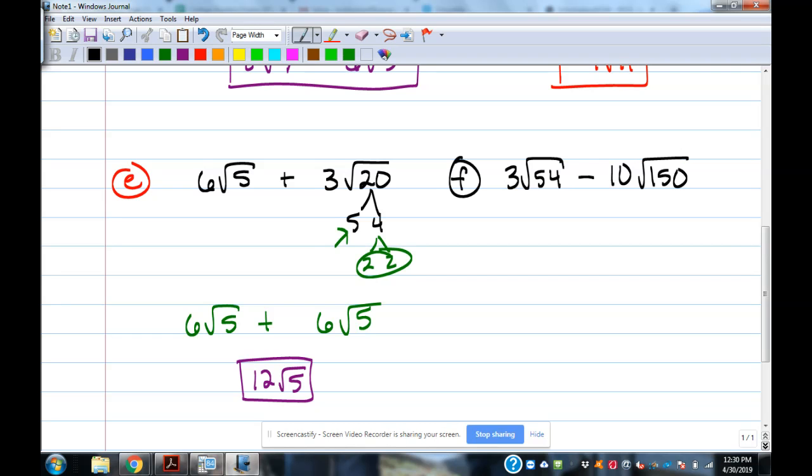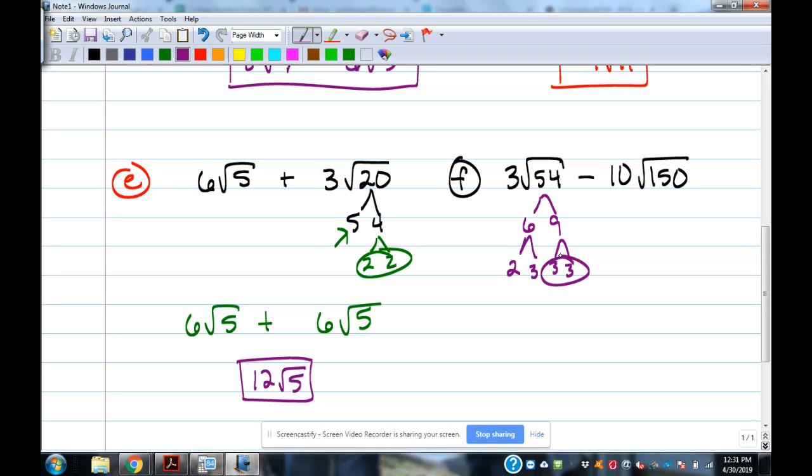Three radical 54 minus 10 radical 150. Those are definitely not like terms. Both of them are very different numbers. But can the 54 break down? All right, 6 times 9 is a good way to start. 9 turns into 3 times 3, and 2 and 3 on the 6.